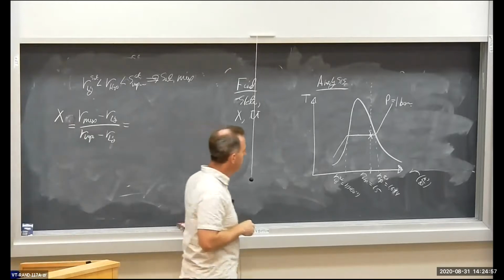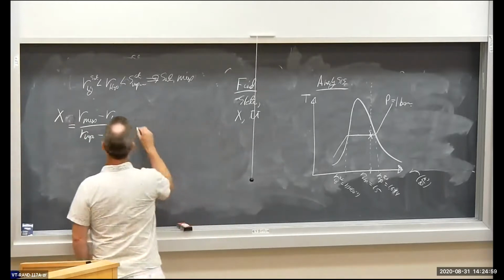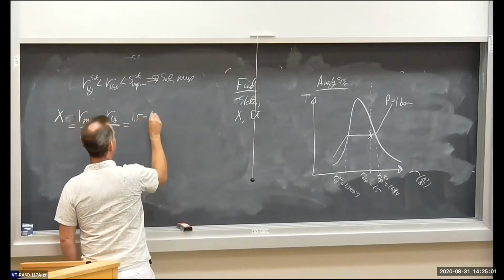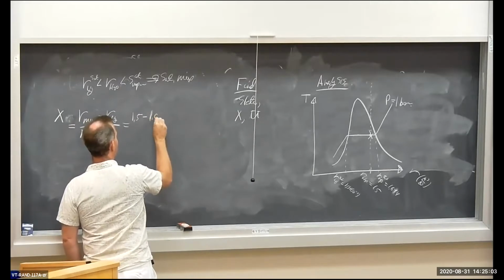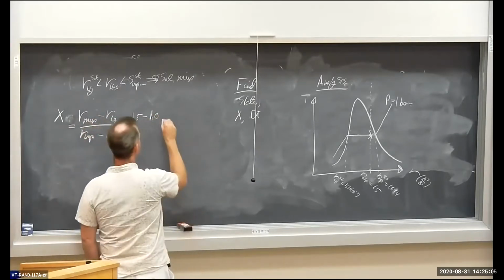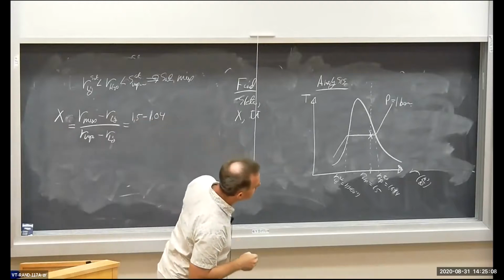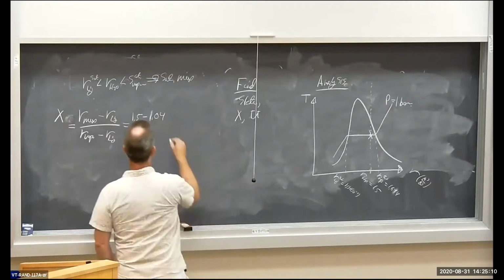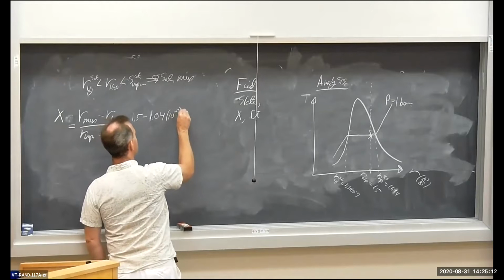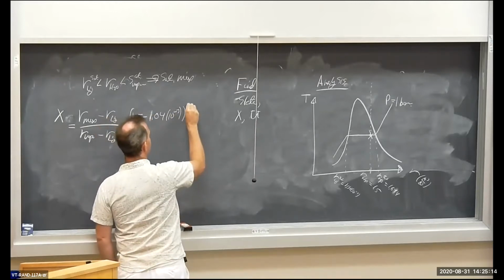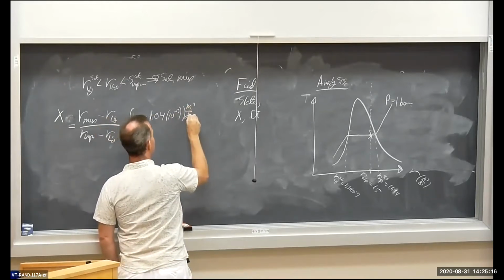All I've got to do is plug in numbers. 1.5 minus 1.04 times 10 to the minus 3, and all that will have units of cubic meters per kilogram.